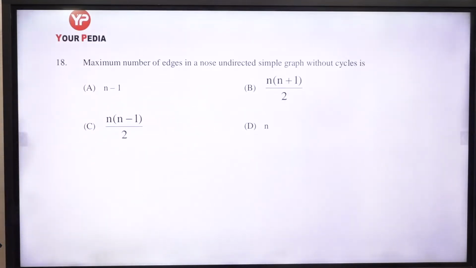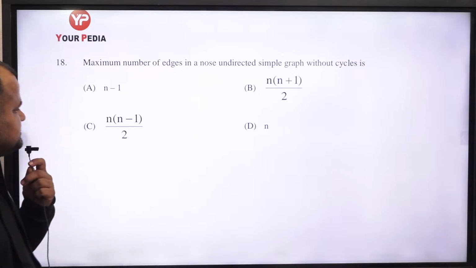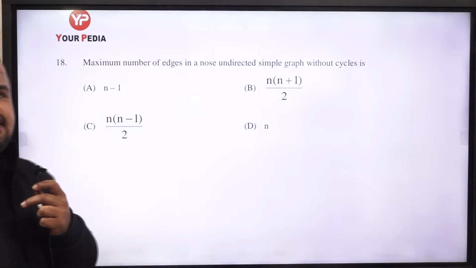The maximum number of edges in an undirected simple graph without cycle. Yes, tell me. So what is the correct answer? A n minus 1, B n times n plus 1 by 2, C n times n minus 1 by 2, D n.